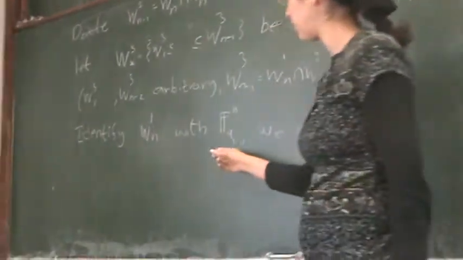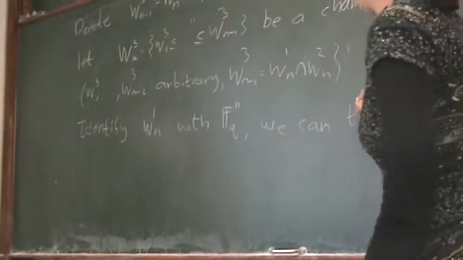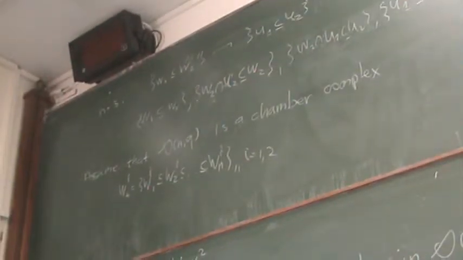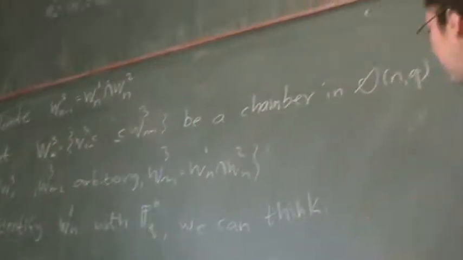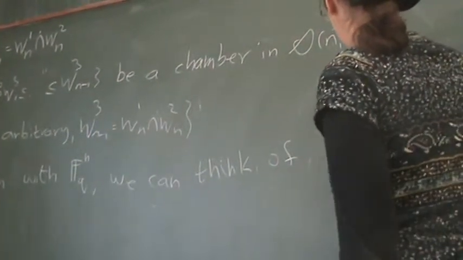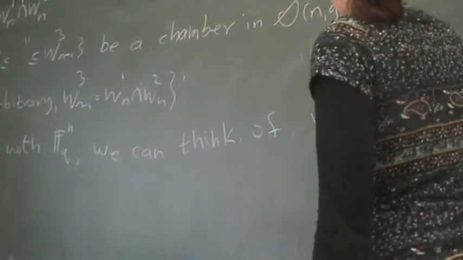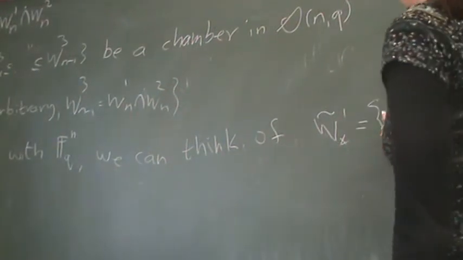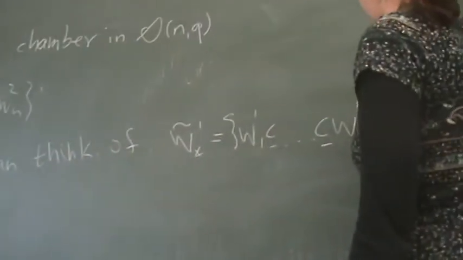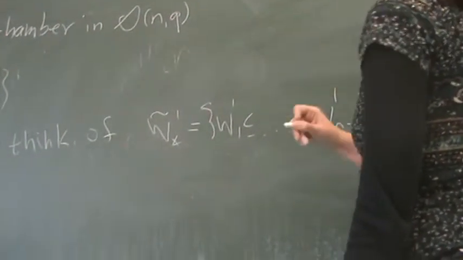And using this identification, if we shorten this one by 1, it will be a chamber in S_n(Q). Let's denote it by W1 star tilde. This is W11, W1, and so on up to n-1.